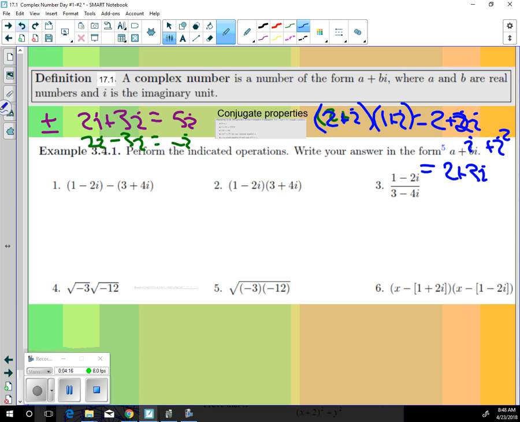What is i squared? What's the square root of negative 1 times the square root of negative 1? Negative 1. It's not 1 yet. We'd have to go a few more to get that. But this is going to be minus 1. So my multiplying is going to be 2 minus 1 is 1 plus 3i.